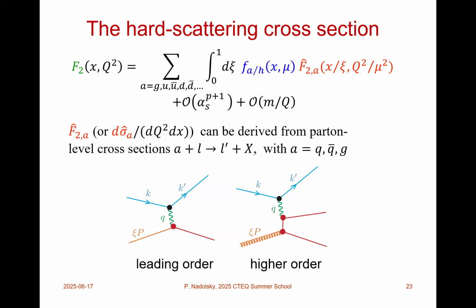For example, at the leading order, you had a quark coming in, scattering on the photon. At the next to leading order, this quark can radiate an additional gluon, or you can also have a gluon coming in, splitting into a QQ bar pair, and the photon scatters on one of these quarks. So basically you need to write all these diagrams, and eventually all flavors, including the gluons, will contribute to the scattering.